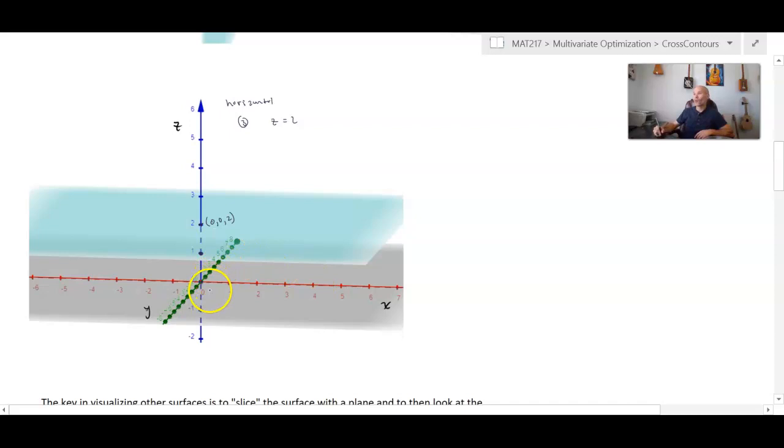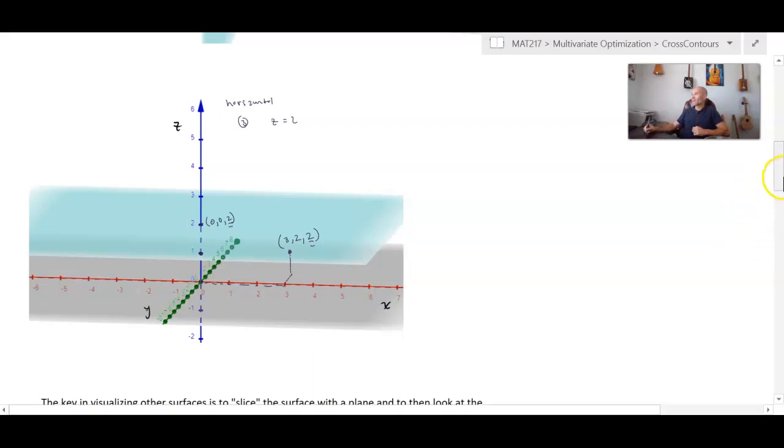And then maybe we pick a point that's 3 units away, and maybe 2 units in the y direction, and then a point on this plane would once again be, in this case, 3 units in x, 2 units in y, and 2 units in z. So in all of these triples, z is going to be equal to 2. X and y can be anything they want, and hence we get this horizontal plane.